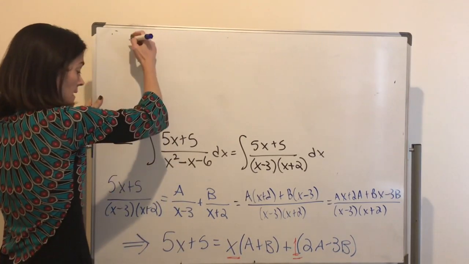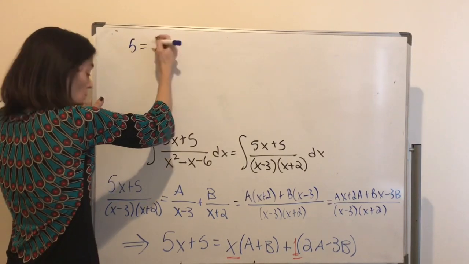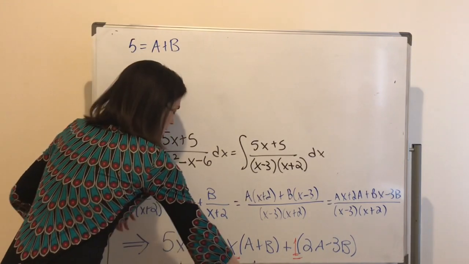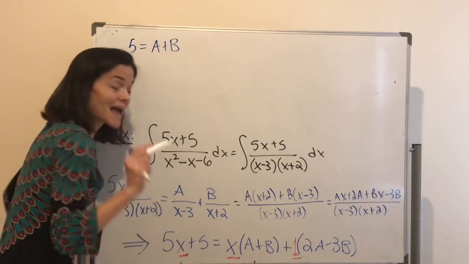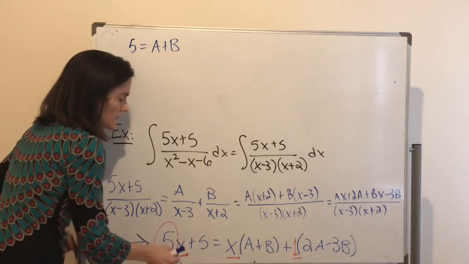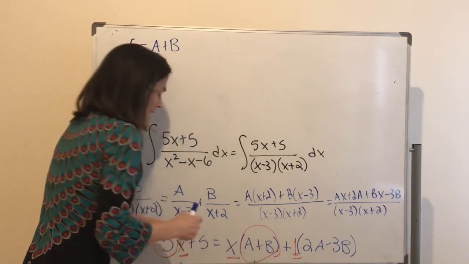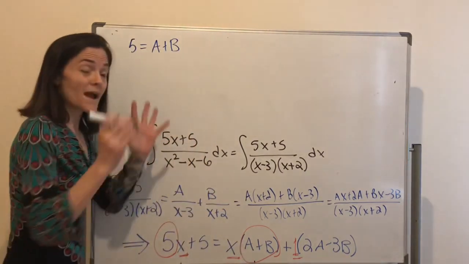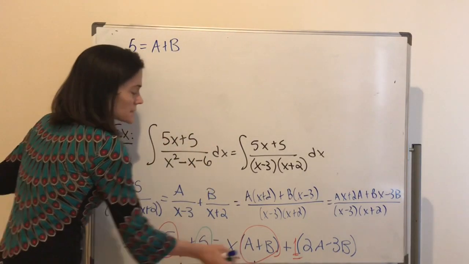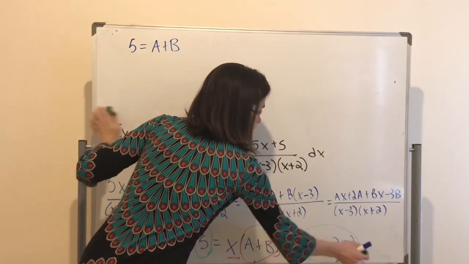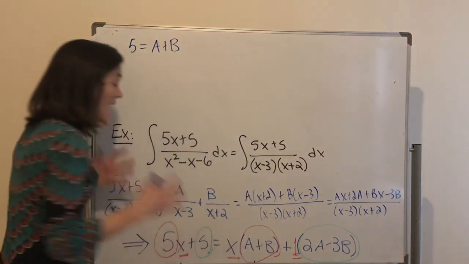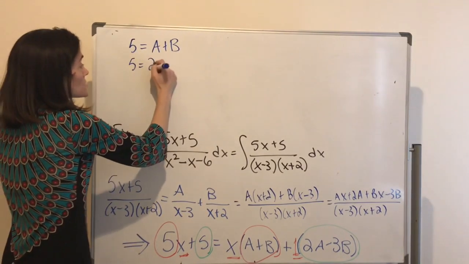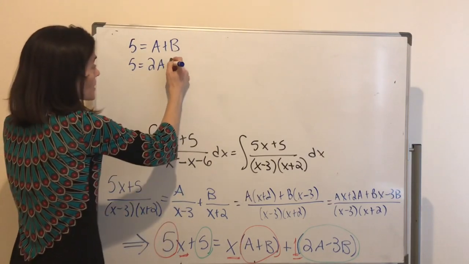So we get that 5 equals A plus B. That's setting the coefficients in front of the x equal to each other. And then the second equation: the coefficients in front of the 1 must be the same. So the other part says that 5 equals 2A minus 3B.